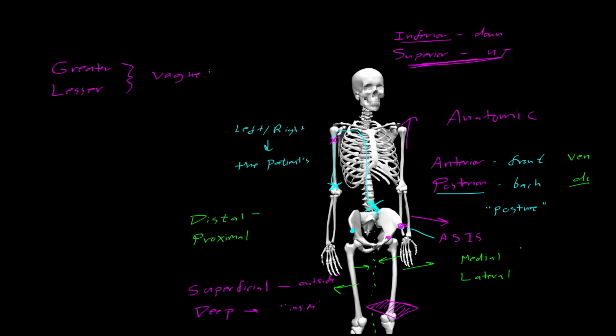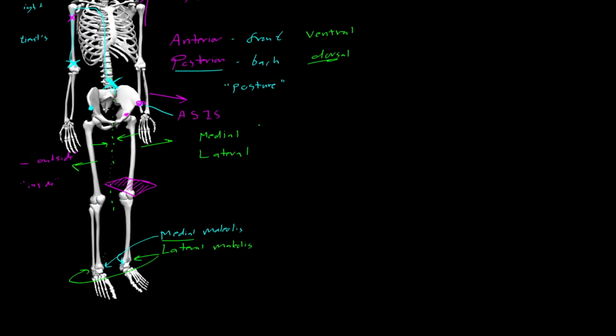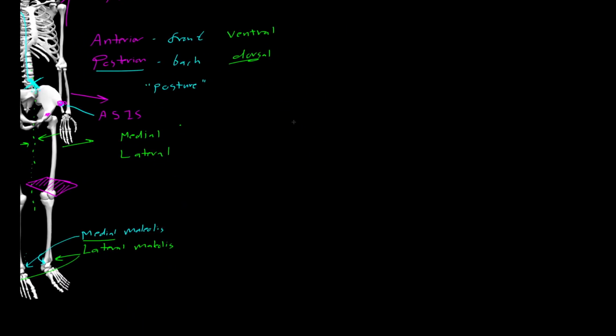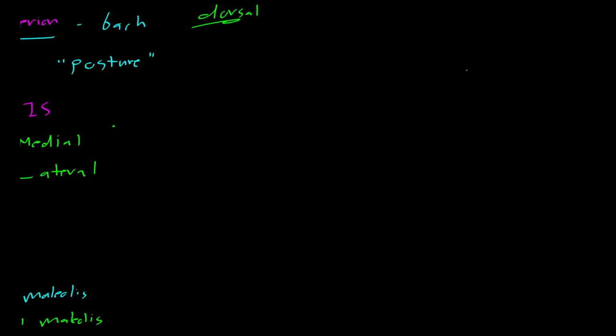So just to review, let me write down again all of the terms that we learned as pairs. We learned about anterior and posterior, as well as their more medical terminology, ventral and dorsal.